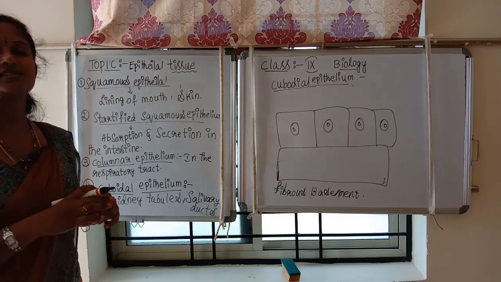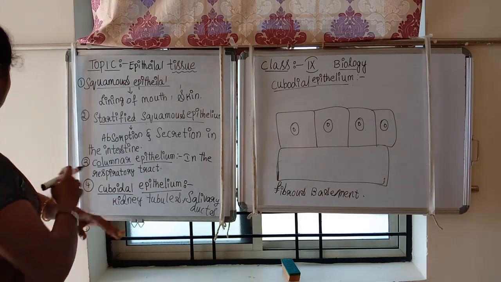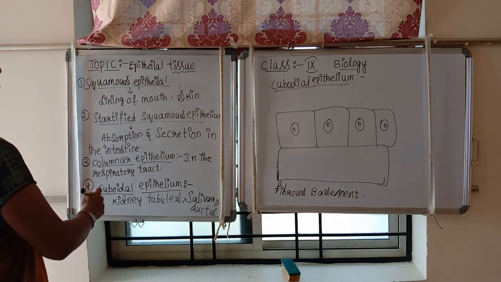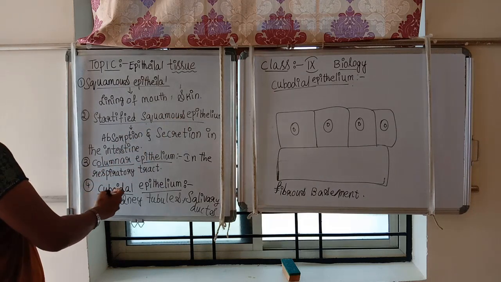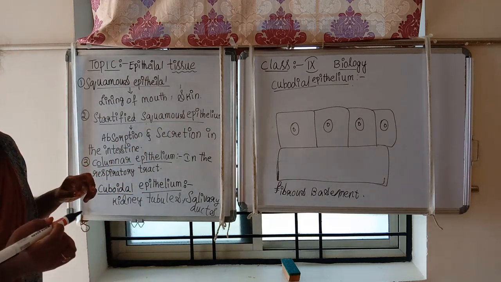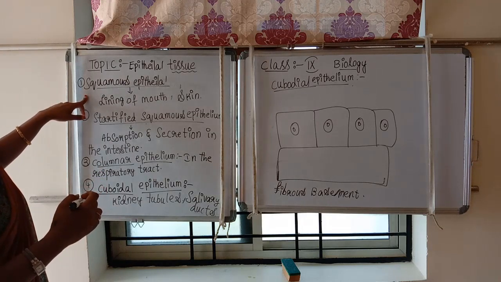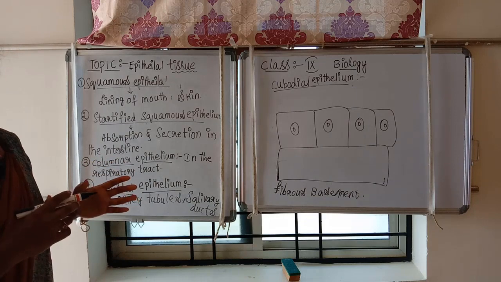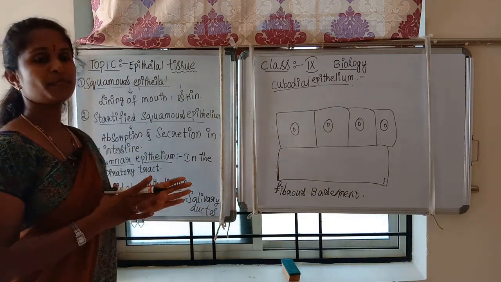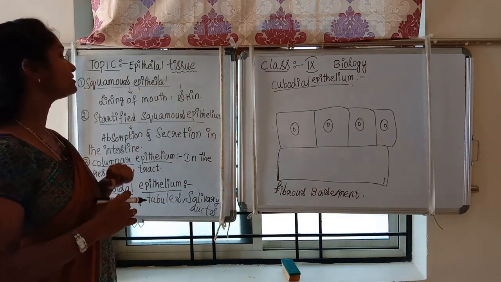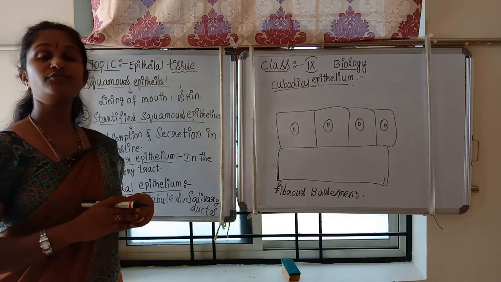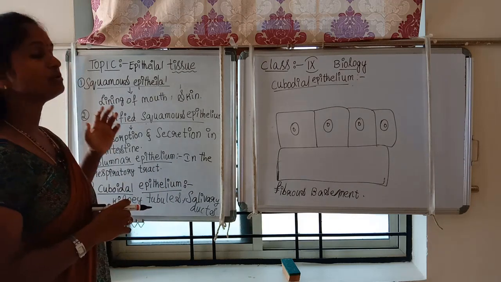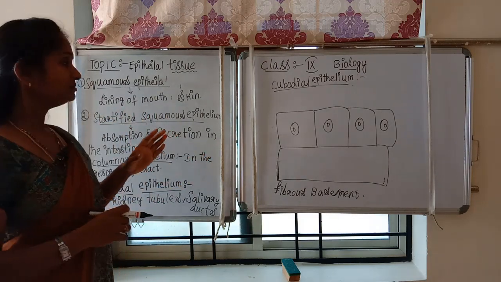Based on structure, there are types: squamous epithelium, columnar epithelium, stratified squamous epithelium, cuboidal epithelium, and glandular epithelium. First, squamous epithelium is helpful for the lining of the mouth and skin. Next, stratified squamous epithelium is helpful for absorption and secretion of food molecules, and is present in the intestine.